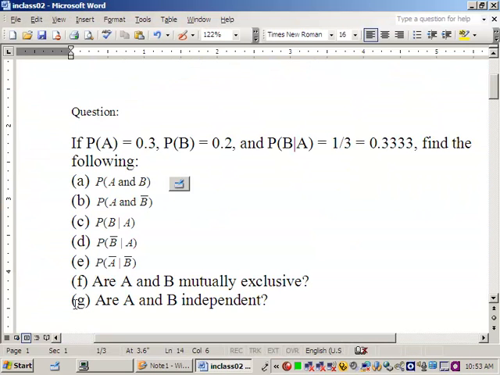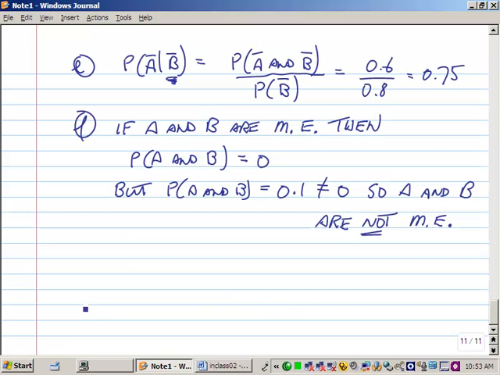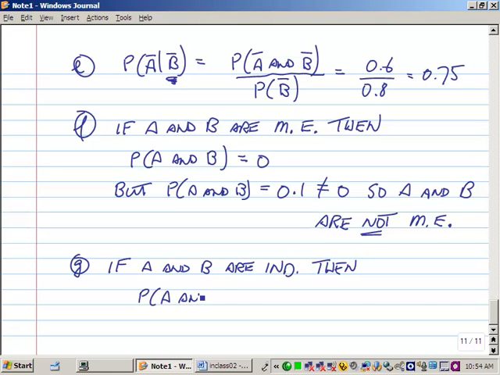And we'll look at the last one, G. Are A and B independent? This comes from our definition of independence. If A and B are independent, then the joint probability of A and B is equal to the probability of A times the probability of B. Remember, that only occurs if they're independent.